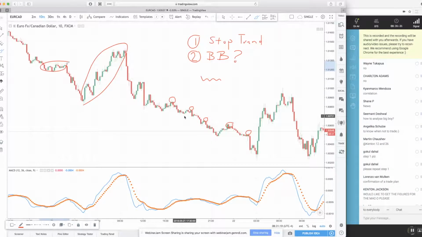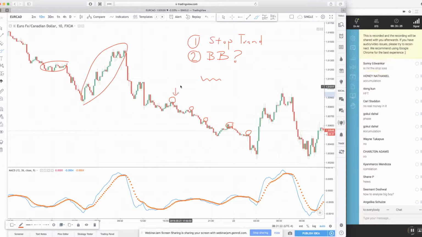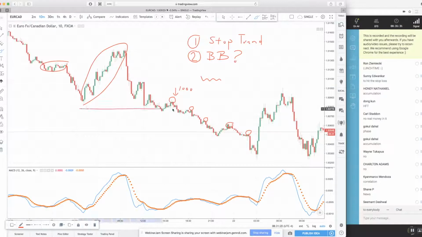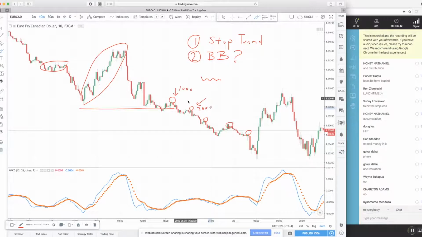If a lot of people are selling, let's say they're selling this for $1,000, but not many people, because they're looking at this as support. Then over here, oh, it broke the support. Okay, $2,000. It's grinding its way down. As more and more people sell, the larger players are good.